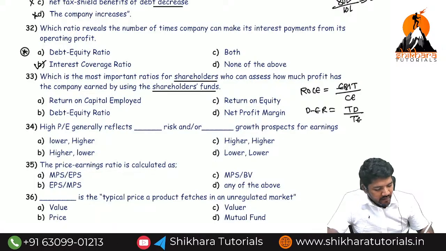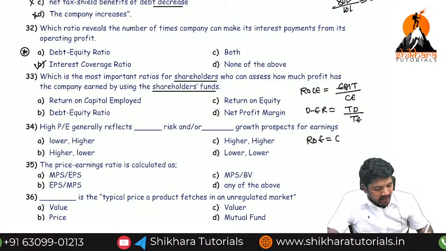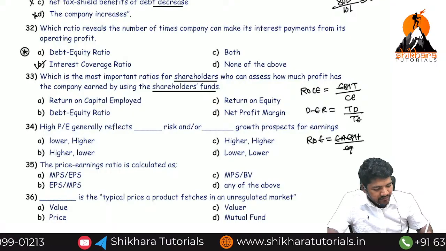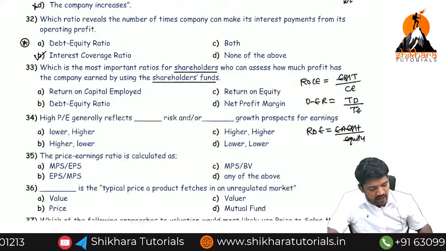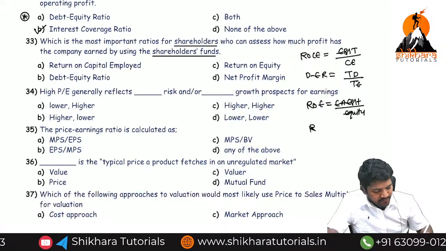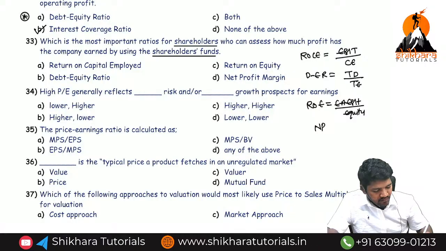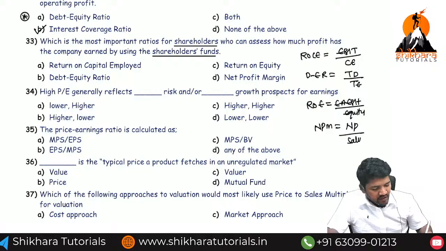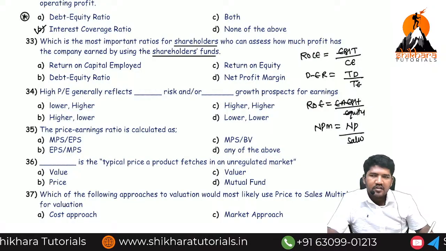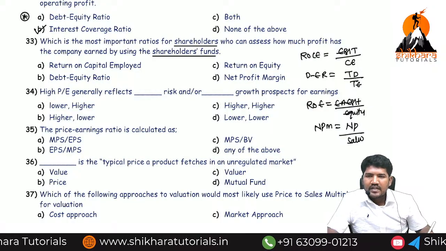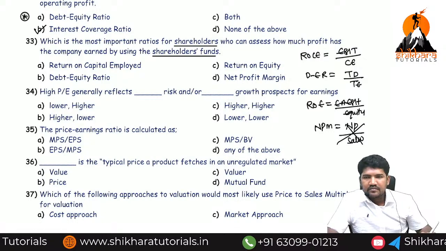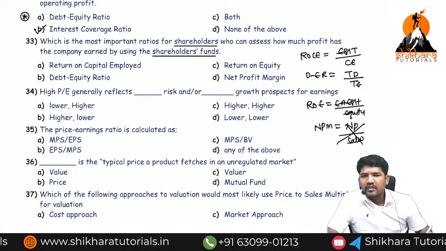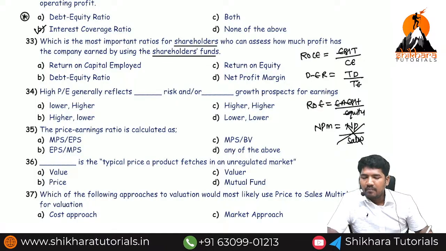Return on equity means earnings available to equity shareholders divided by equity. Net profit margin means net profit divided by sales. Net profit divided by sales does not talk about the shareholders' funds. Cancel. The debt equity ratio also does not talk about the profits.